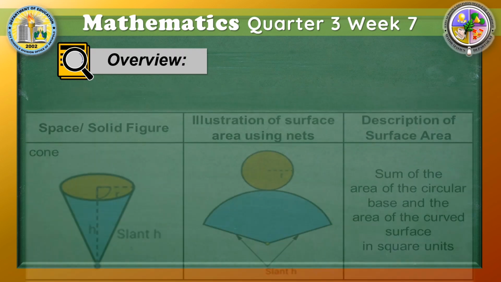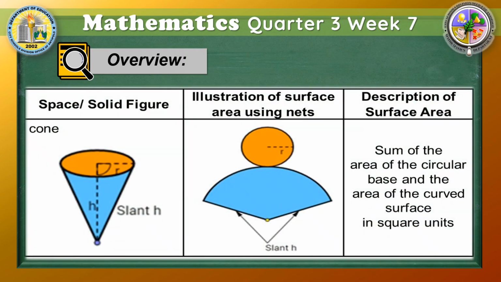One of the most commonly known solid figures is the cone. The net shows that it has 1 circular base and a curved lateral surface. The surface area is described as the sum of the area of the circular base and the area of the curved surface in square units.